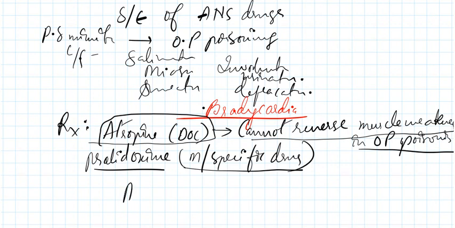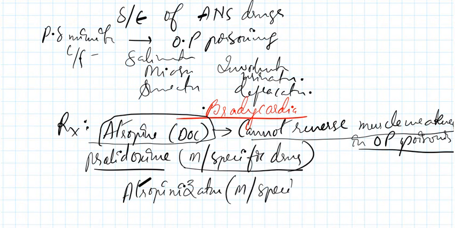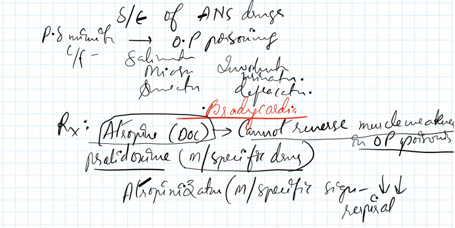What is the most specific sign of atropinization during the treatment of OP poisoning? Decreased respiratory secretions. Remember this, very important. Okay, that is all about OP poisoning.